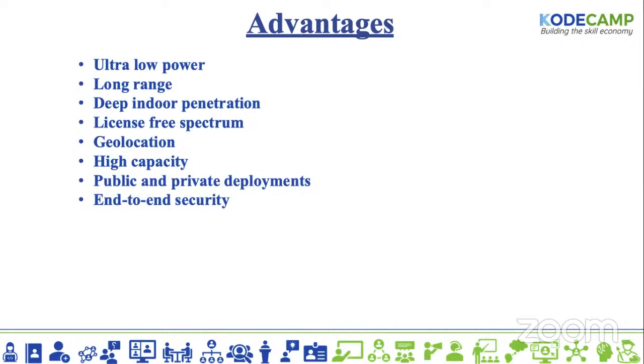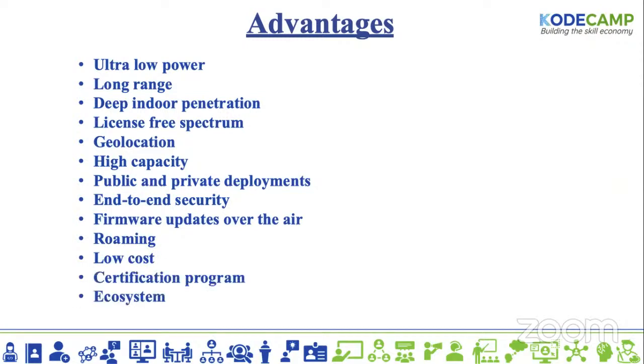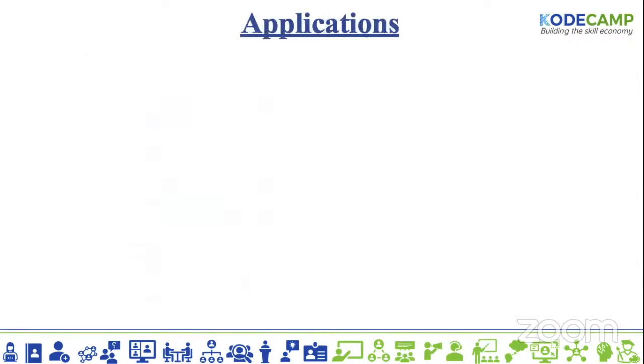It has end-to-end security. It supports FUOTA, firmware updates over the air. It also doesn't involve roaming, and it's very low cost. The program is very okay, the ecosystem is very okay, and that's just that.